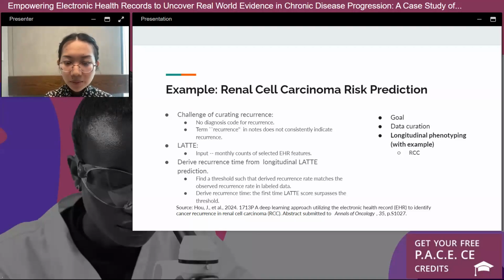And what we're trying to do is derive a recurrence time from the longitudinal LATTE prediction. So we find a threshold such that the derived recurrence rate matches the observed recurrence rate in the labeled data. And we derive the recurrence time as the first time the LATTE score surpasses that particular threshold. This study was covered in this particular paper below and has been submitted to Annals of Oncology.